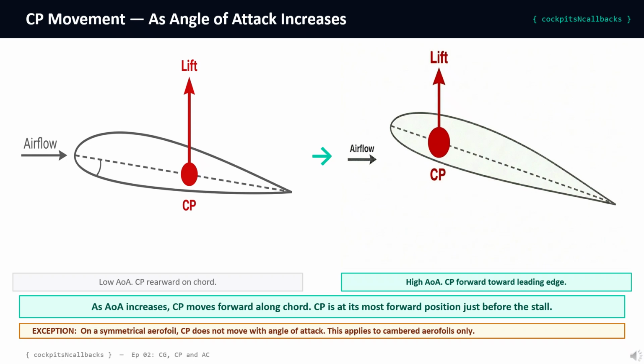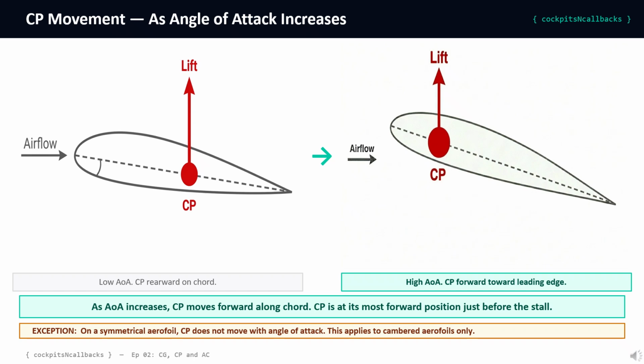The higher the angle of attack, the further forward CP moves, and it reaches its most forward position just before the stall. So the answer to our opening question is yes. Lift does change its point of application every time the nose moves. Every pitch input the pilot makes shifts where lift acts on the wing.